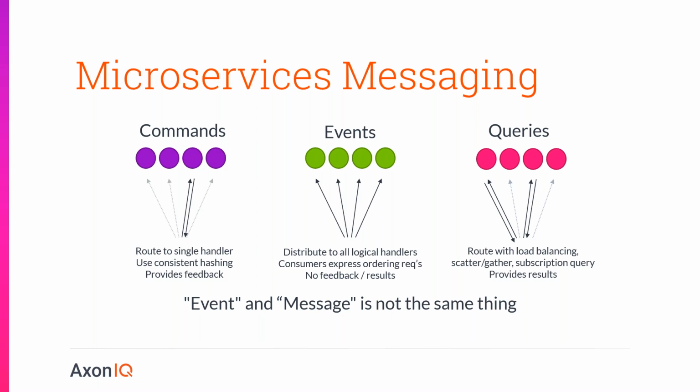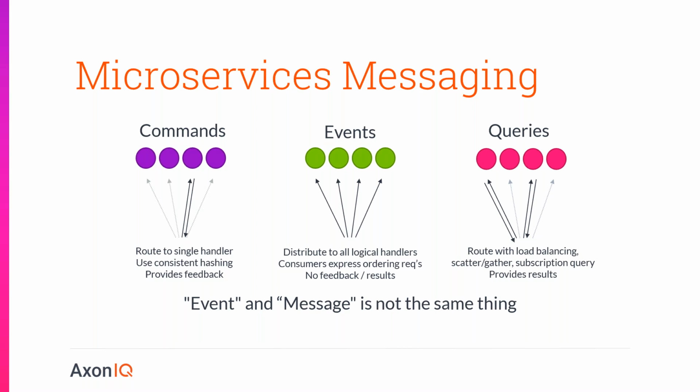So you have a question, a component can answer that question, and basically you can use consistent hashing if you like, but you can also use round-robin load balancing. In some of our Axon products, we allow load balancing based on the performance of the recipient of the query, things like that. That's very useful if you have a single true authoritative answer to your question, right?